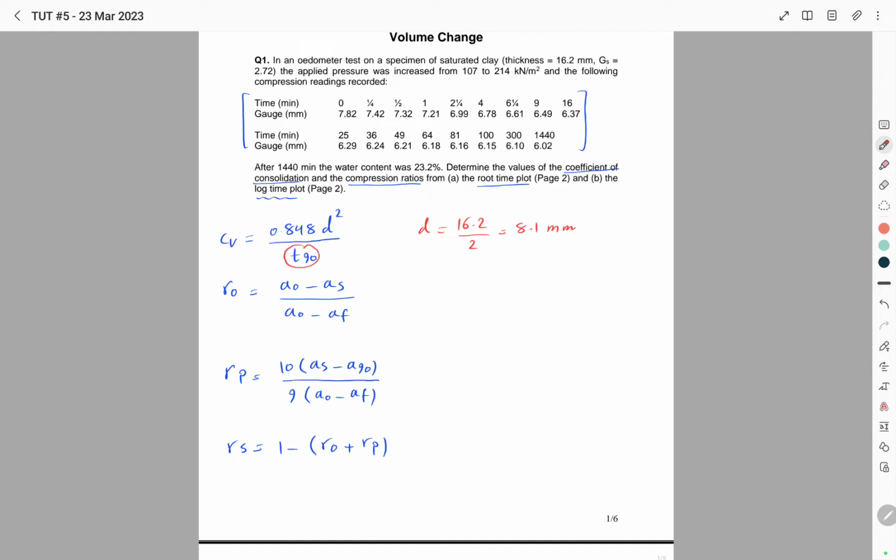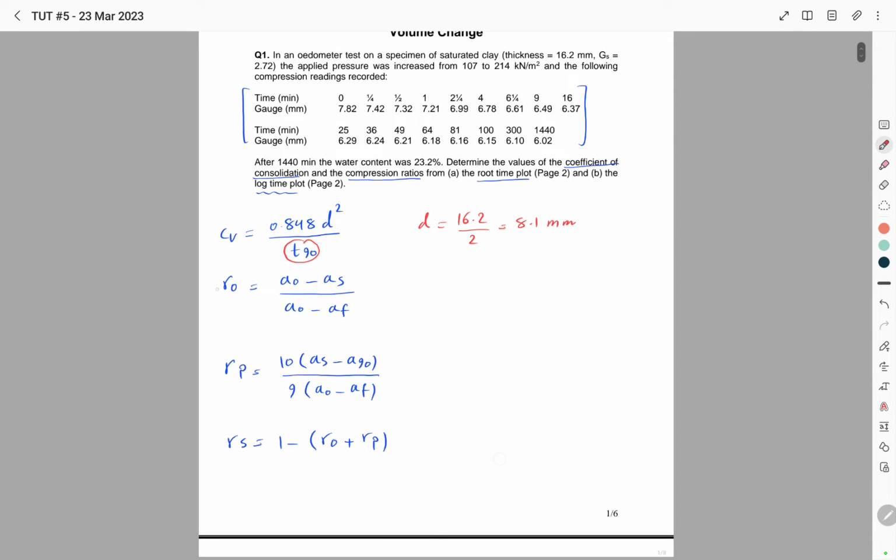And the compression ratios require these values of A0, AS, and AF to be determined. So the value of A0 is already given to you, which is 7.82, and the value of AF is also given to you, which is 6.02.